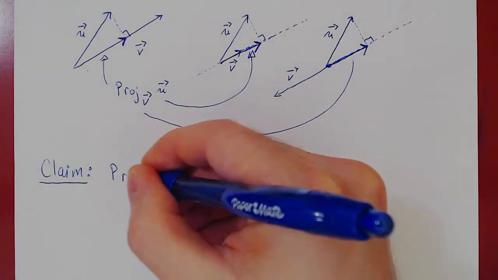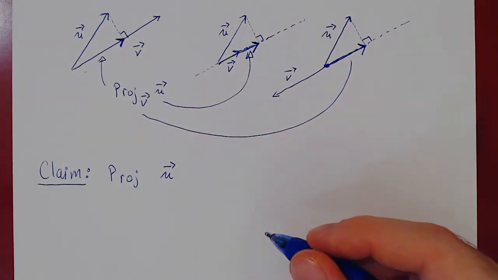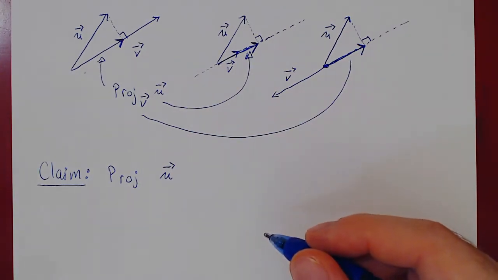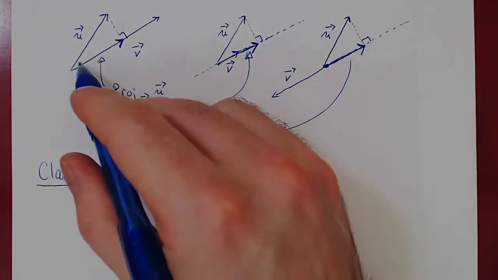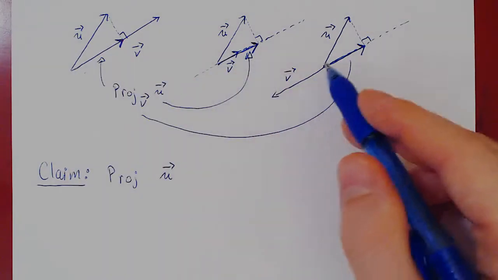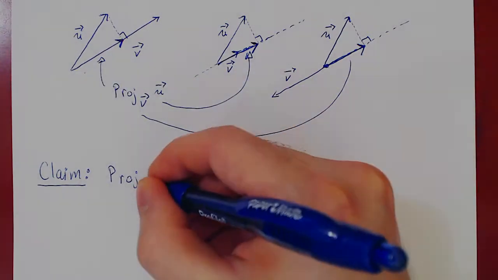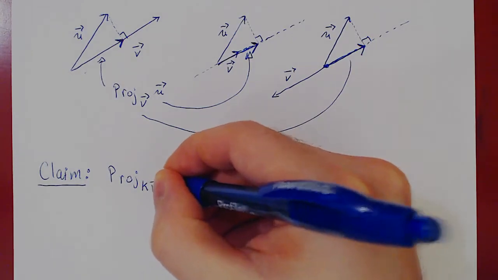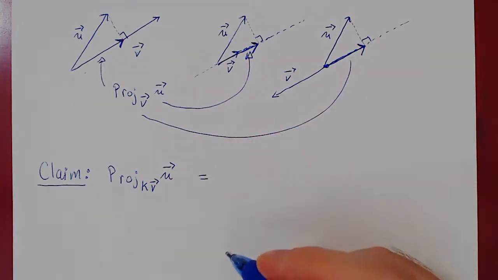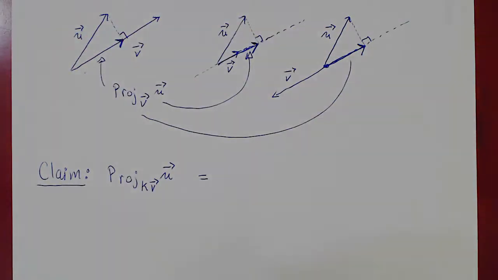If we project vector u onto any vector that is parallel to v, well, vectors are parallel if one is a multiple of the other. So all vectors that are parallel to v, whether they have the same or opposite direction, must be simply multiples of v. So kv. And we're saying that this would still be the same as projecting u onto the original vector v.